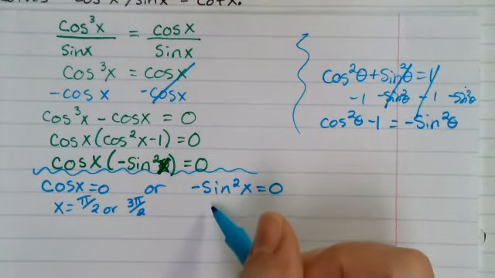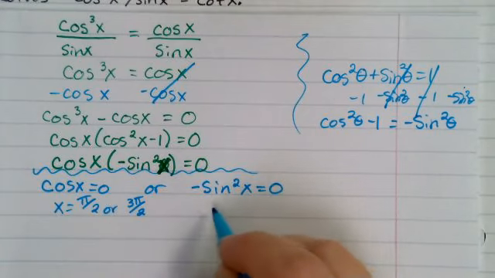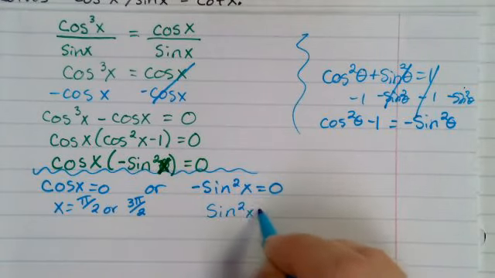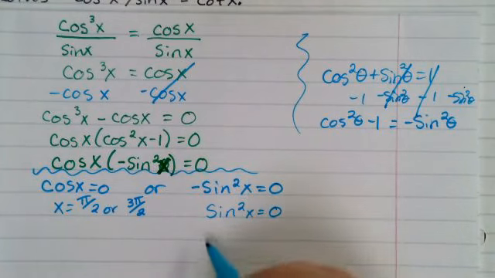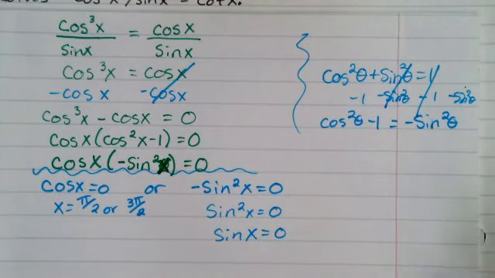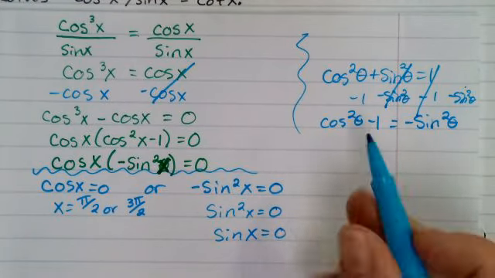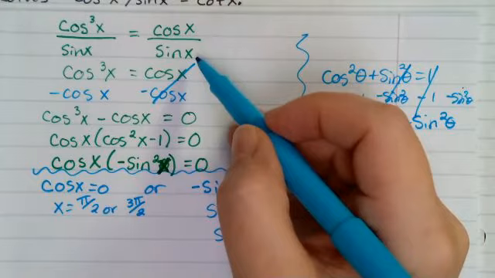All right, so here negative sine squared x equals 0. Let's go through solving. If I divide through by a negative, that becomes sine squared x equals 0. If I square root both sides, then sine x equals 0. Now here's an issue. I don't know if you guys have identified this. You see how it says sine x equals 0. I want you to immediately jump back to your question.